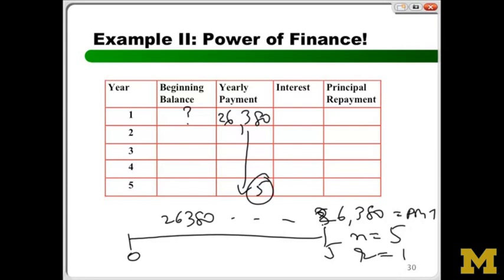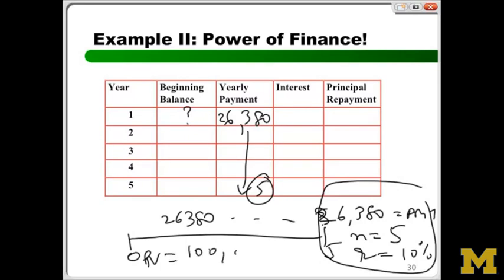R, which is what? 10%. If you do this problem, what button do you need to, or what execution in Excel or a calculator do you need to do? Well, to figure this out, you have to figure out PV. Please do it. I wish your answer will work out to be 100,000, right? We know that.